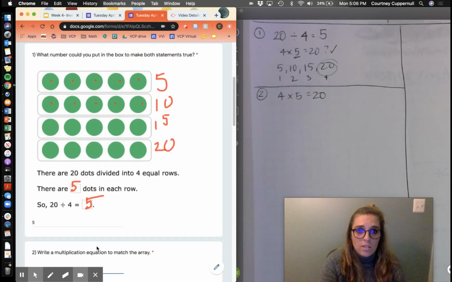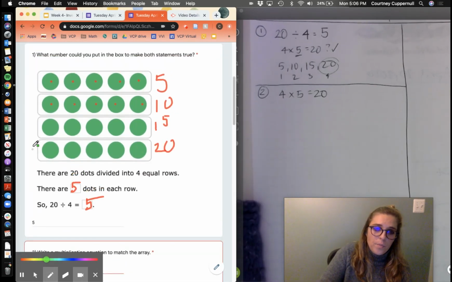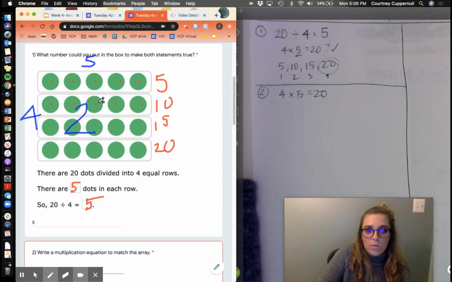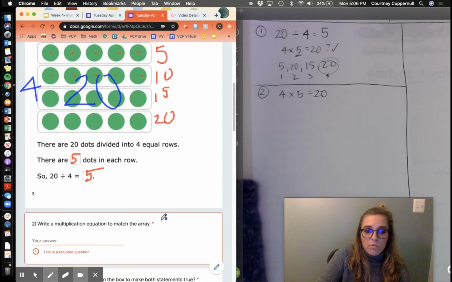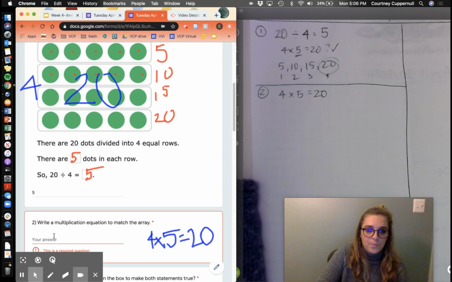So I could just think about this as, I'll do it in another color. Do blue. This is 4 rows times my 5 columns equals my total of 20 tiles. So I can use that information. I can use the fact that I know this is a 4 by 5 array that equals a total of 20 and type that in there.